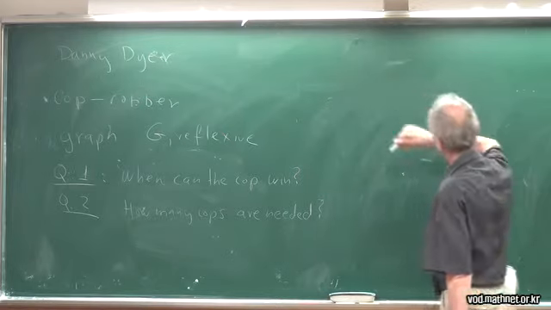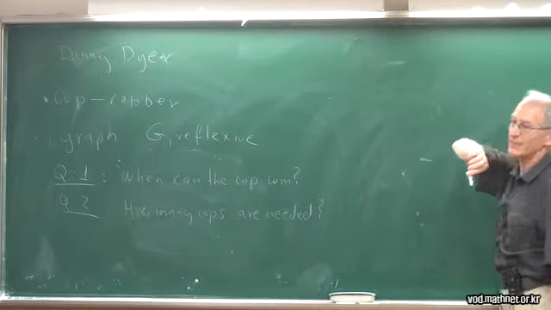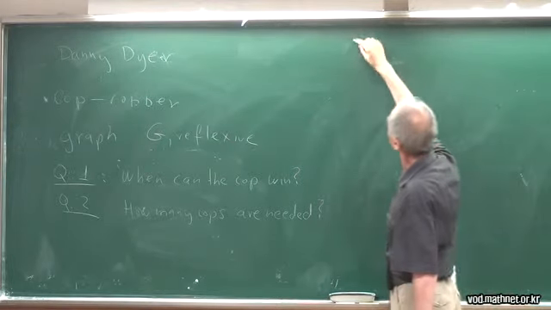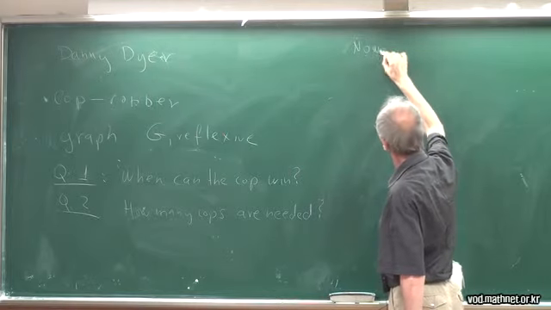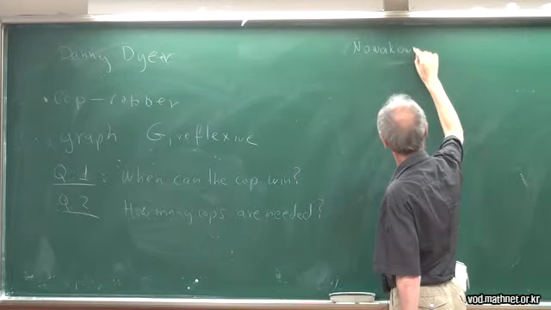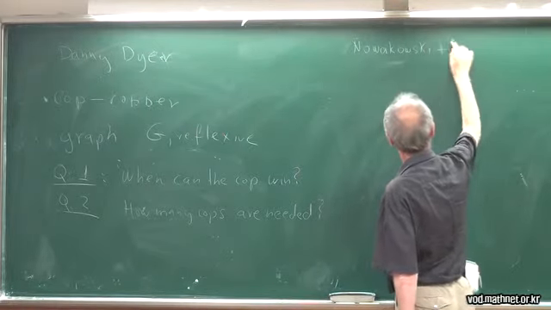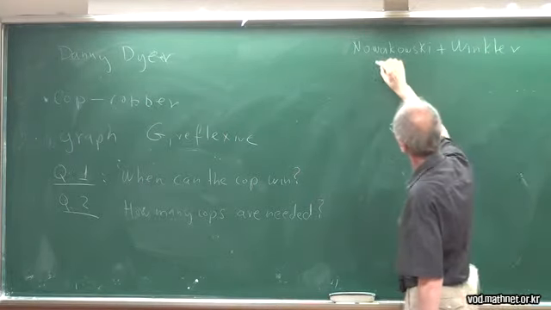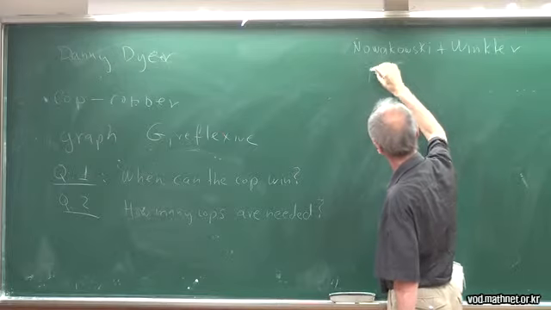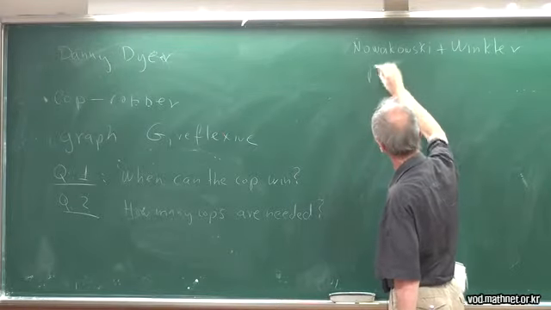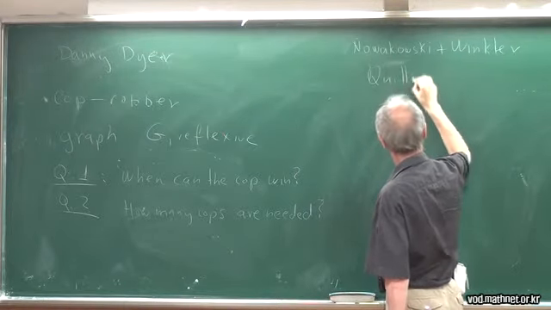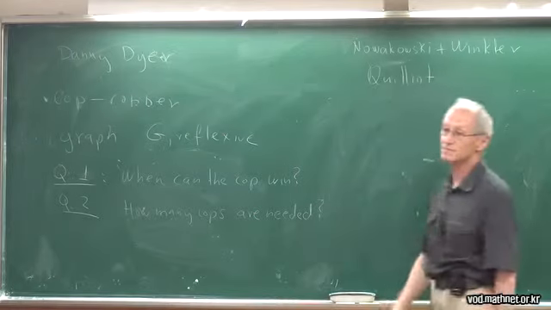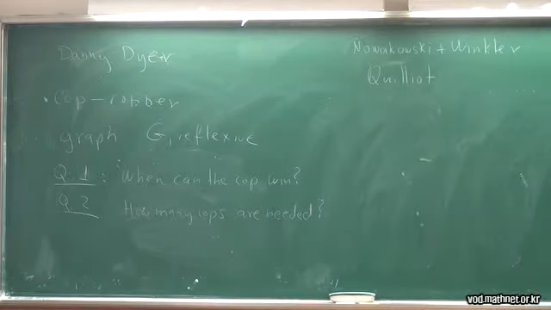Well, what you do is two things. This is from a paper by Nowakowski and Winkler in the early 80s, and also independently done, the finite part anyway, by Alain Quilliot in his thesis and some papers.